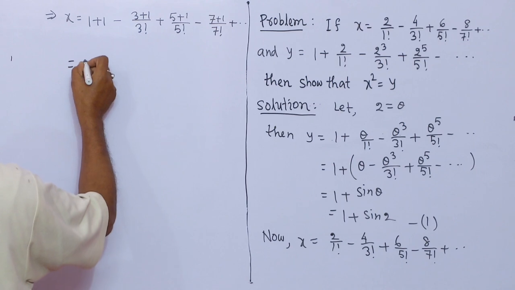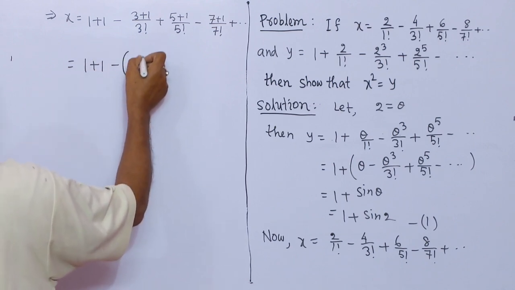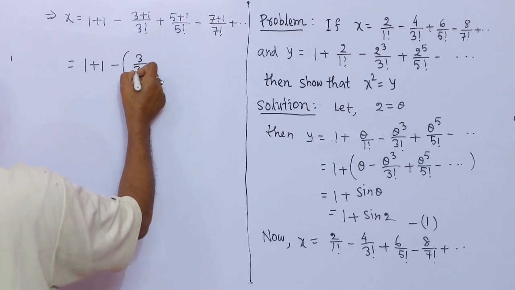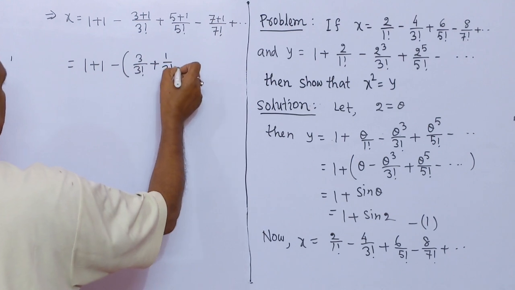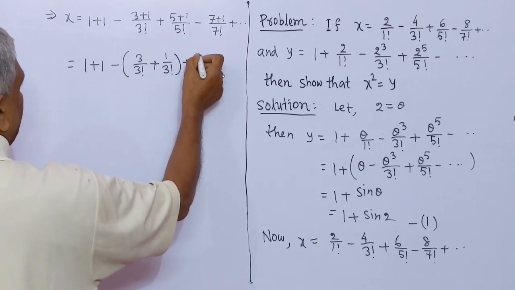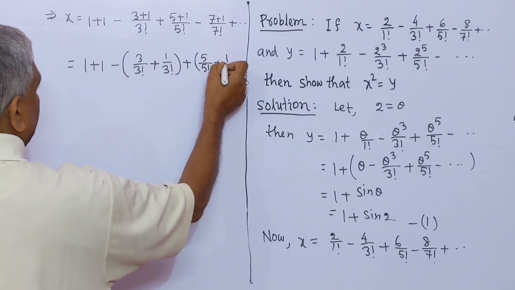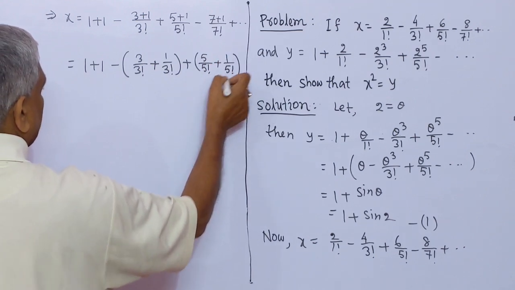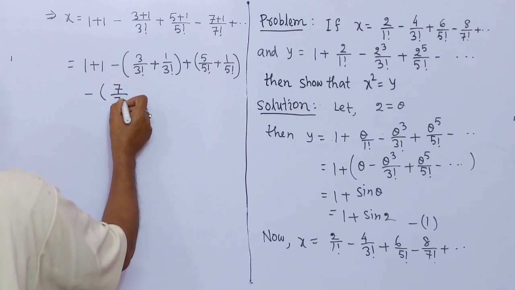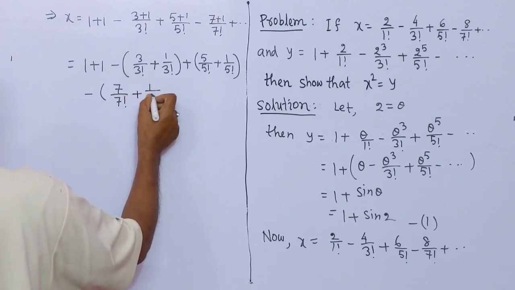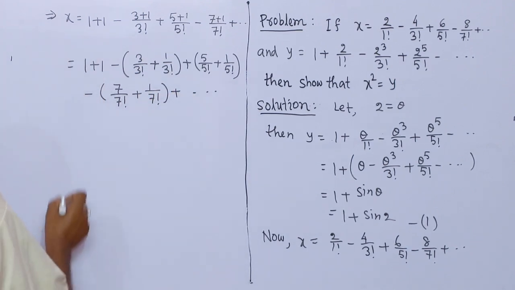This will be equal to 1 plus 1 minus, 3 by factorial 3 plus 1 by factorial 3, plus 5 by factorial 5 plus 1 by factorial 5, minus 7 by factorial 7 plus 1 by factorial 7, and plus dot dot dot.